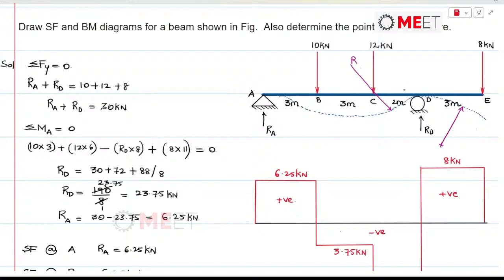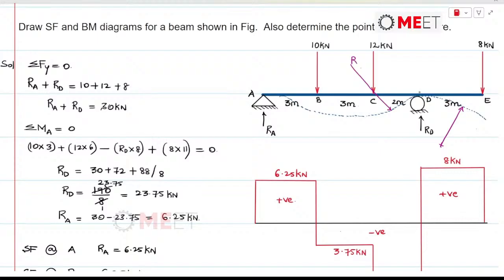So whenever you find the blending of these surfaces which are convex and concave, wherever they intersect approximately, that would help us locate the point of contraflexure.